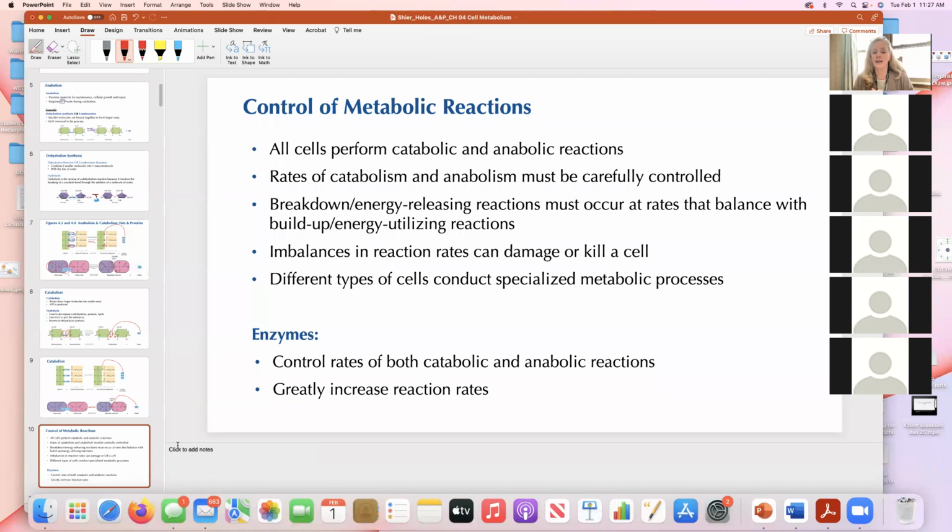All right. Different cells will undergo different metabolic reactions. Not all cells are collagen factories. Certain cells will make a lot of collagen.